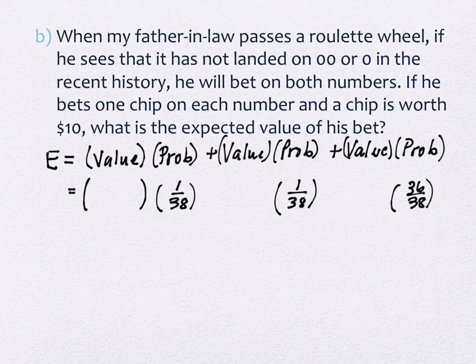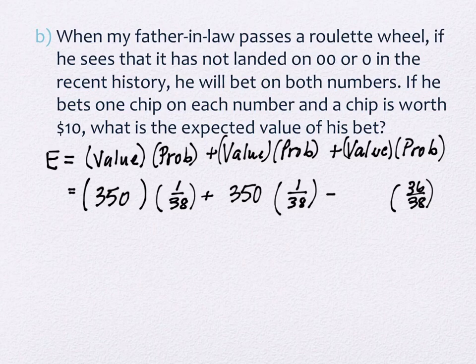But he paid $20 to do that, right? So he doesn't really get $360. He gets $350, right? Because one of those chips was because he bet on the other number that didn't work out. So far, so good? And that's the same thing that happens whether he lands on the 0 or the 00. If he lands on either of those, he gets $350 because he gets $360 back, including the chip that he played, and he lost a chip in the process that they kept.